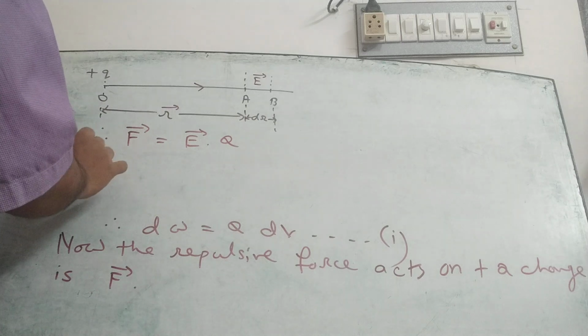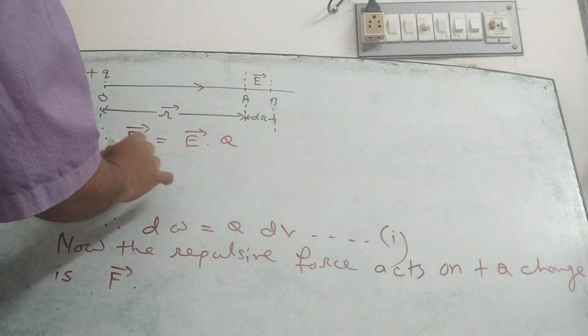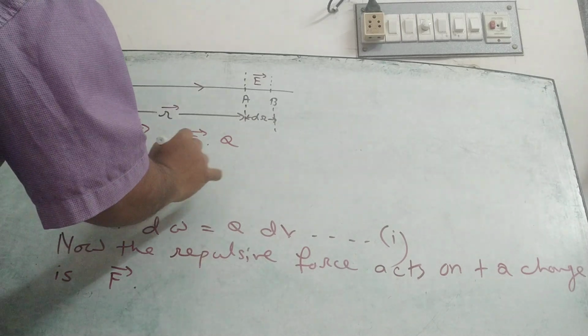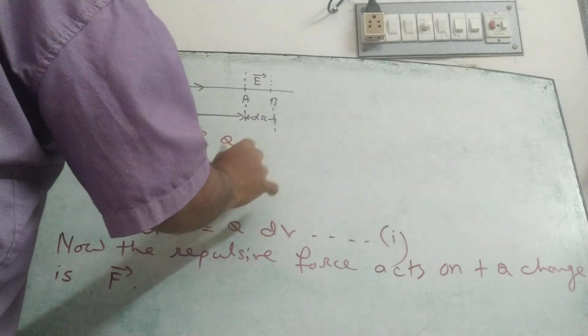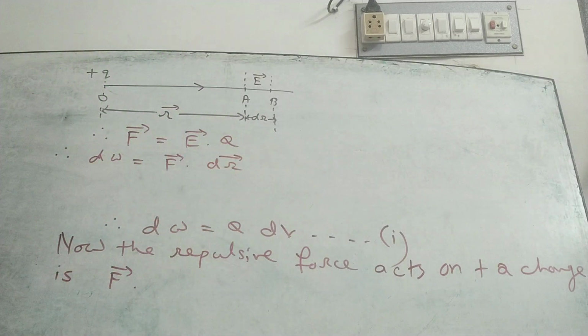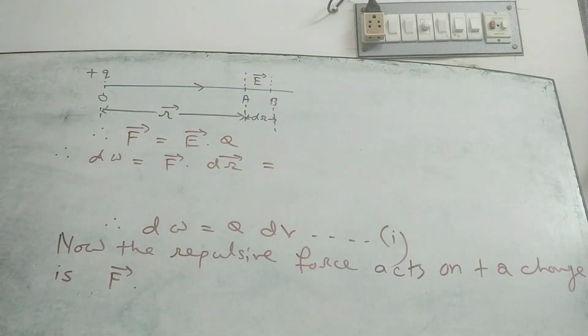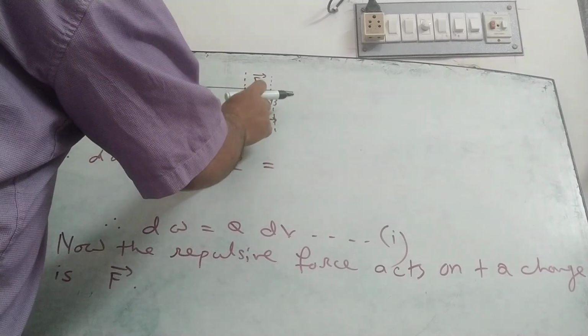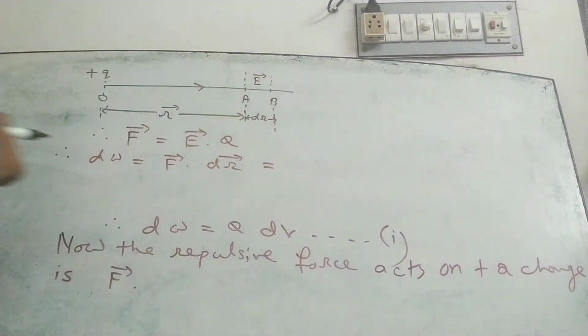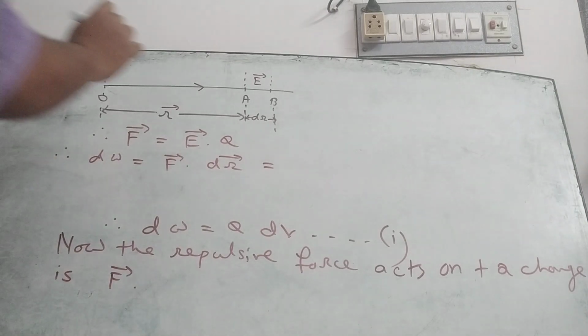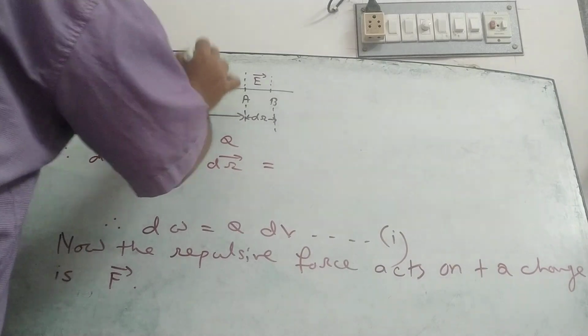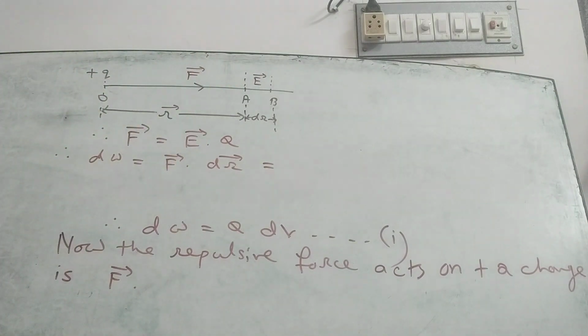Now, therefore, the work done dW is equal to force dot displacement dr. We know the displacement occurs from point B to A. Therefore, the angle between the force and displacement is 180 degrees or pi radians.